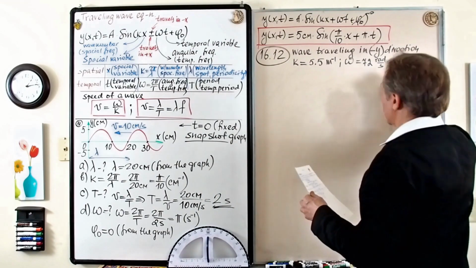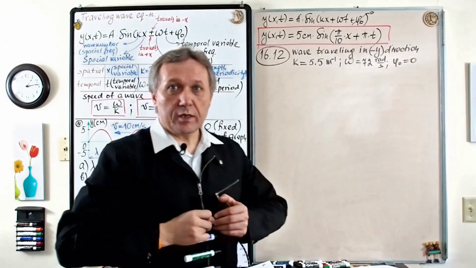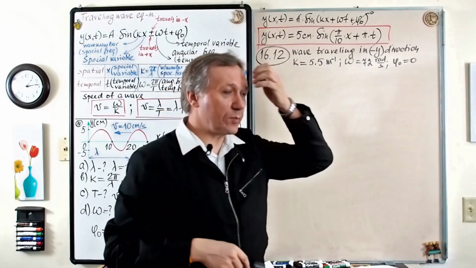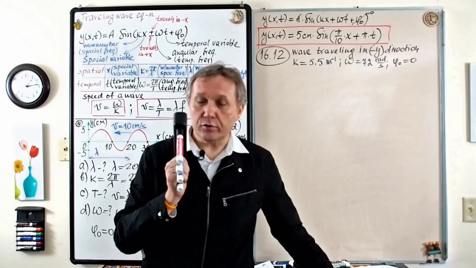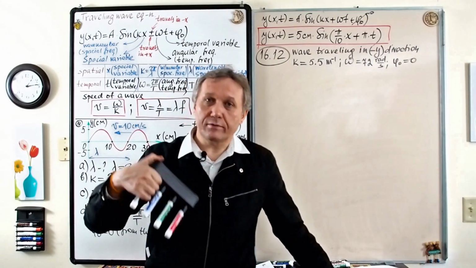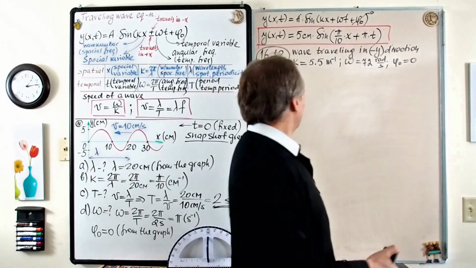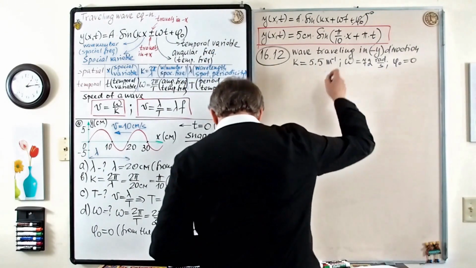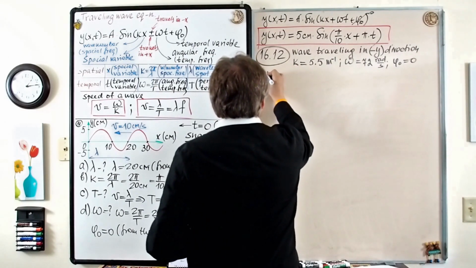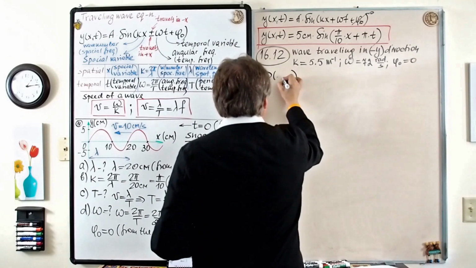Initial phase is 0, right? So now, it's not a question, but I present the problem in this way. After writing these parameters, I want to write the traveling wave equation, and only after that we will start solving the problem, right? Traveling wave equation. So displacement d, of course, in general, you remember it's a function of something, right?